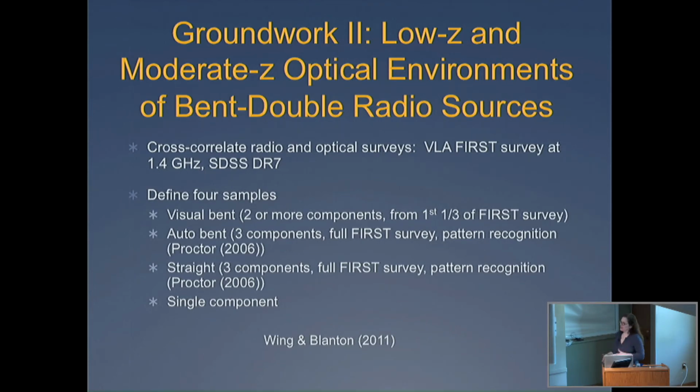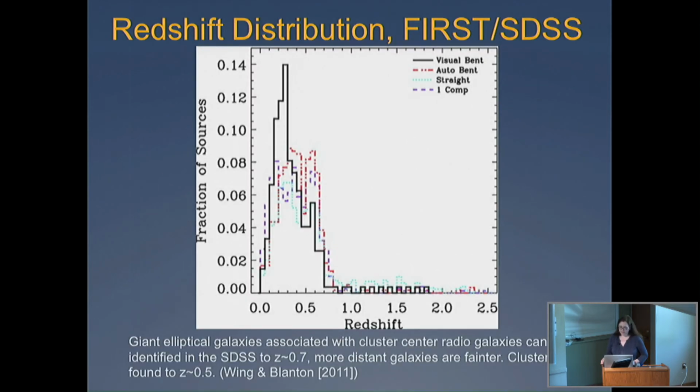But he was able to do hundreds, thousands of them actually, and define different samples in the radio. We looked at bent sources, a comparison sample of straight sources in the radio, and single component radio sources. There are details of what these samples are: ones that were bent that were selected by eye, ones that are bent that were selected by an algorithm, straight ones, single component ones. We cross-correlate those radio samples with the Sloan survey and see what we get.